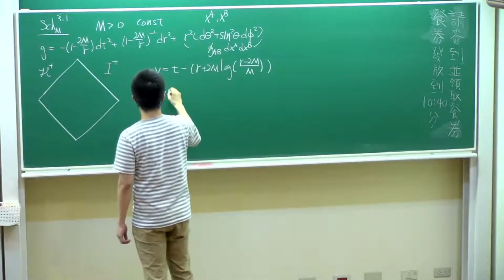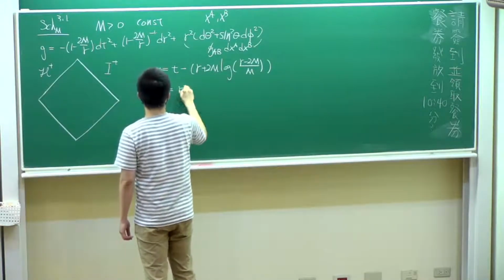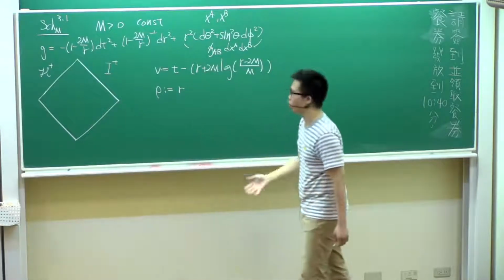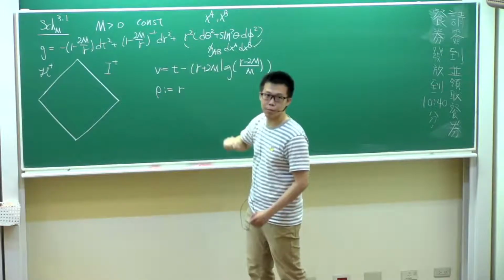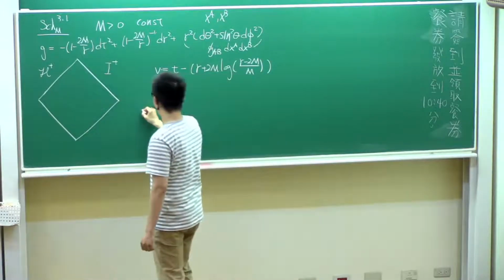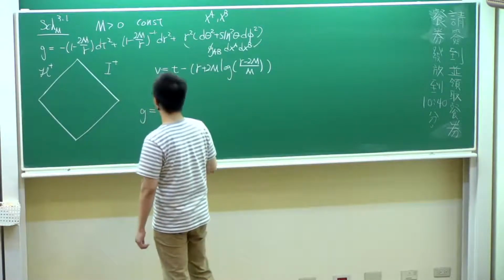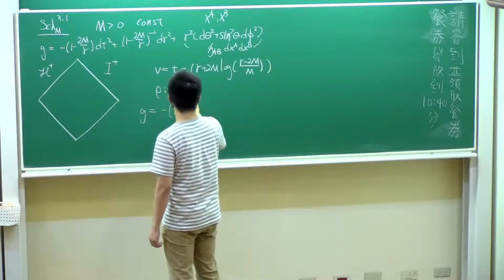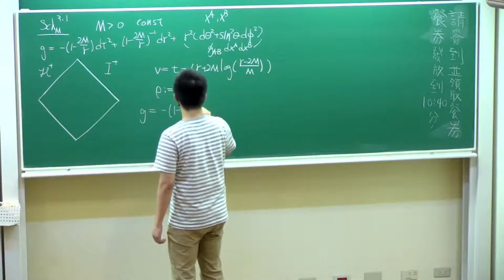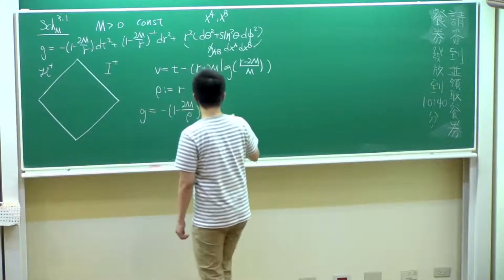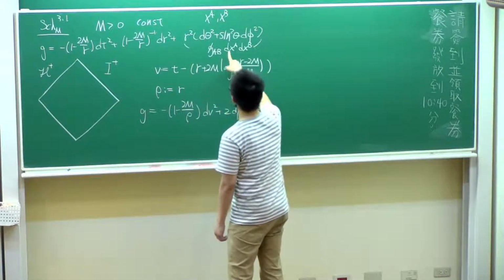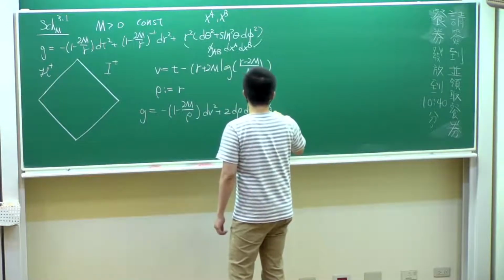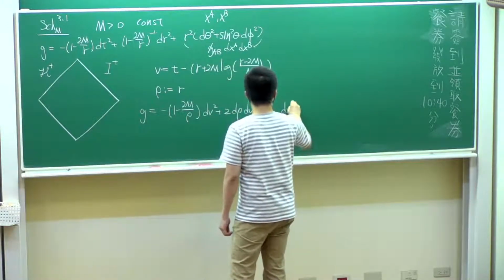And let me use rho. This, as a function, is the same as r, but to distinguish different coordinate vectors, let me denote it by rho. Then the metric takes the form minus (1 minus 2m over r), with r equal to rho, dv squared, plus twice d rho dv, plus, well, the spherical part doesn't change at all.